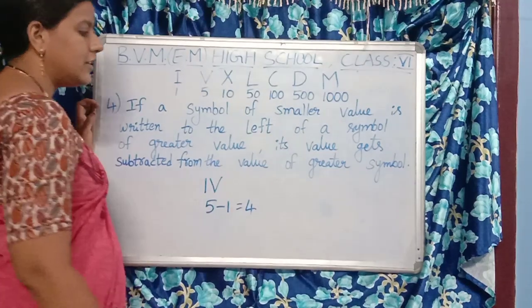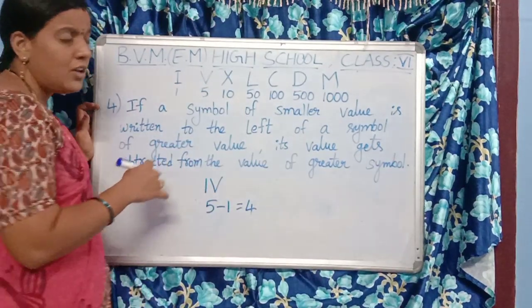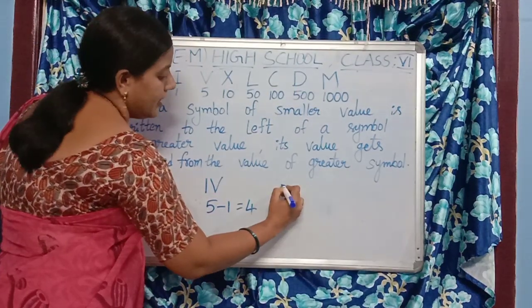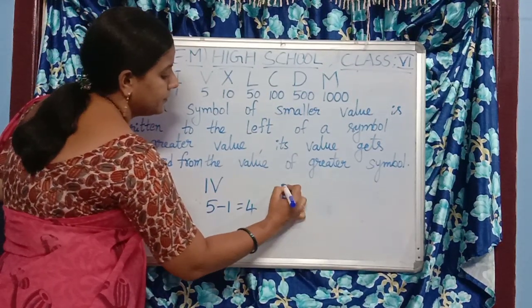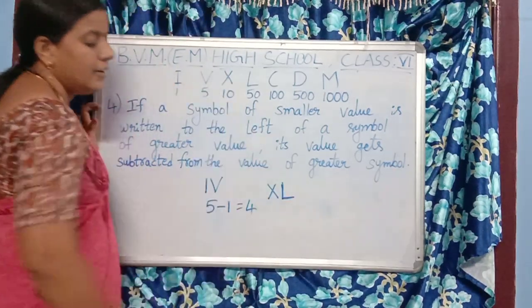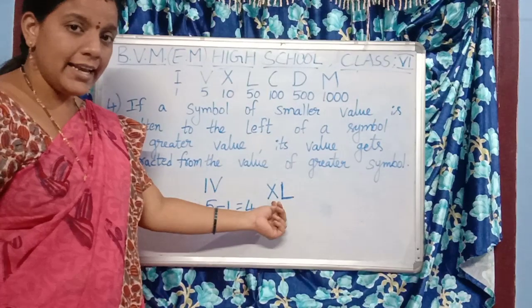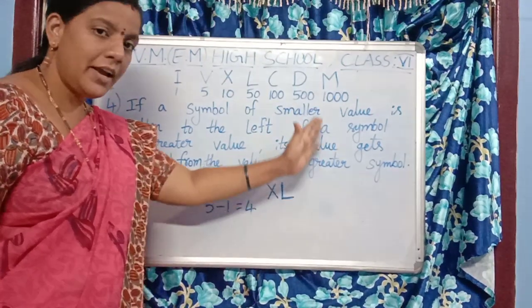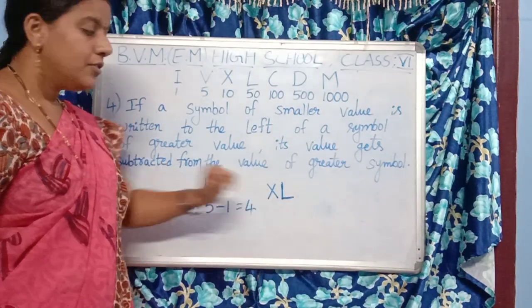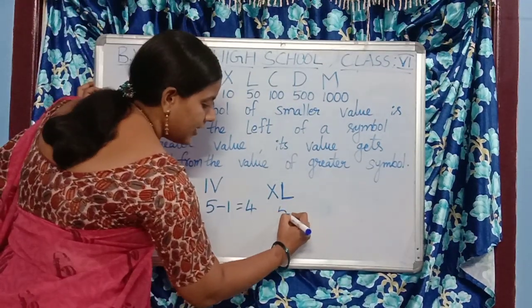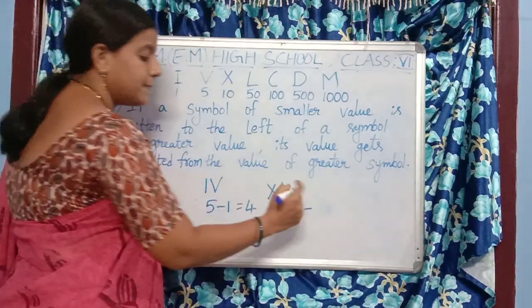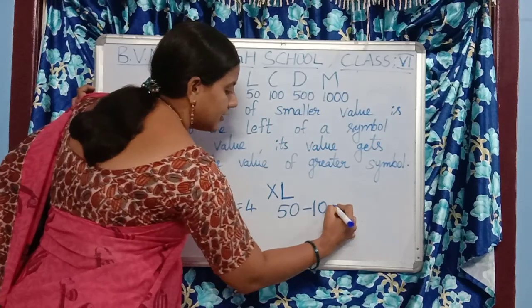Okay. Next, take another example. XL. The X is written where? Left side of the L. So L means 50 minus X means 10.